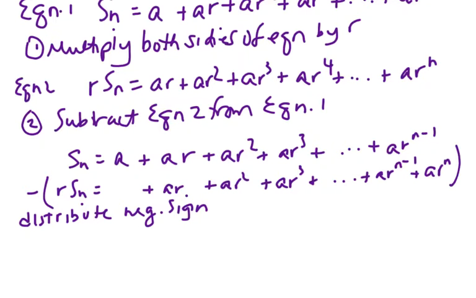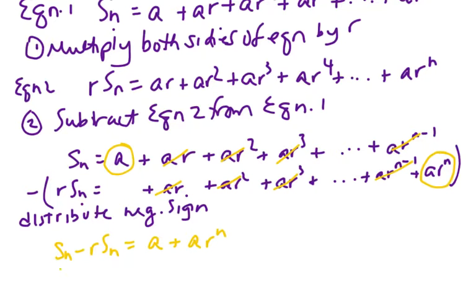Right, so you've got to distribute that negative sign into all the terms on the second equation. And when I do that, you'll see that these terms will cancel out when you perform the subtraction, right? And what you're left with is this leading term and this ending term. So the result of this is Sn minus r Sn equaling a plus ar^n.